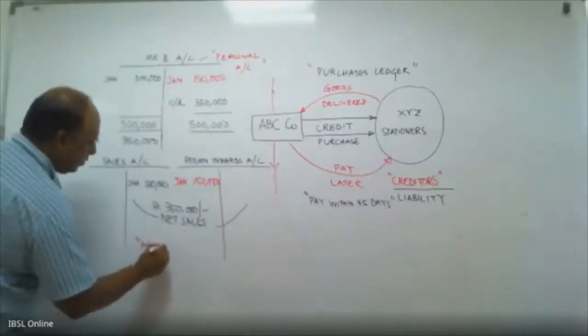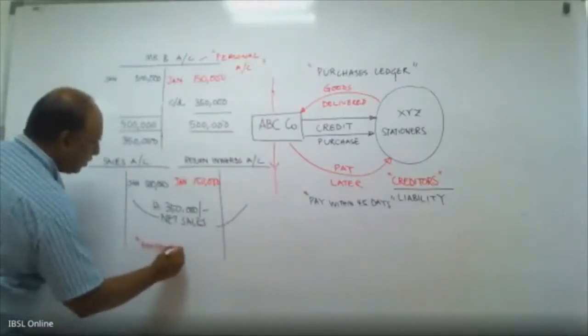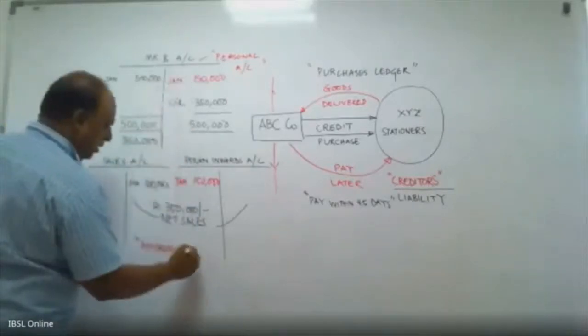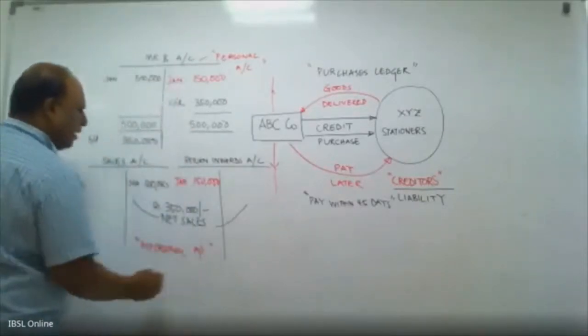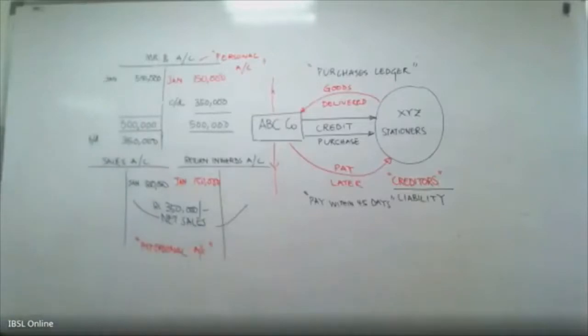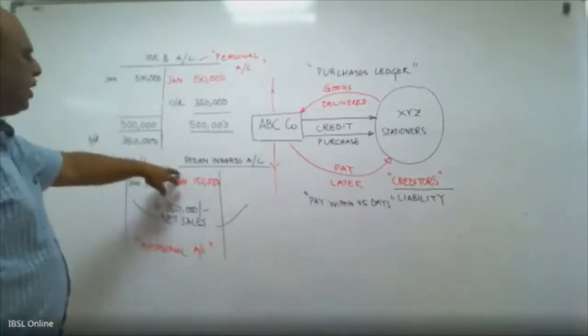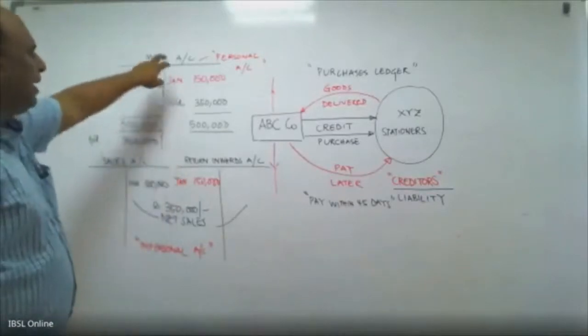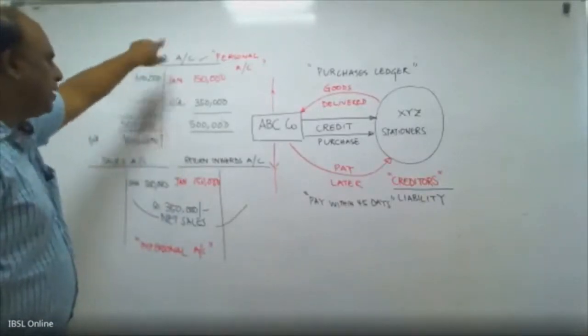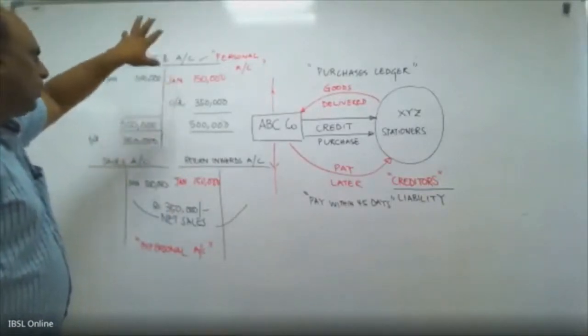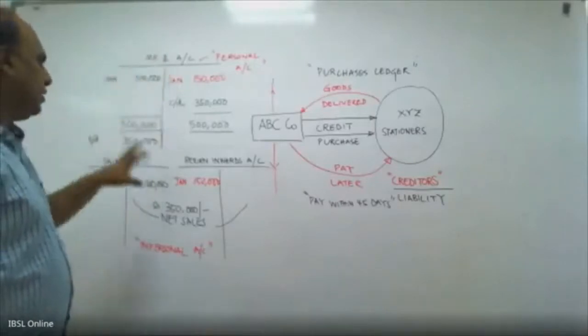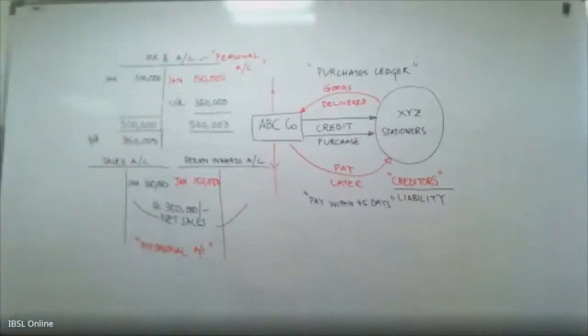You understand that now? It is not relating to Mr. B. It is some common account that I am using in my general ledger. So these two are impersonal accounts because these two are income accounts. But here it is a personal account, so that goes into the sales ledger. This goes into the general ledger. Okay, so please take down.